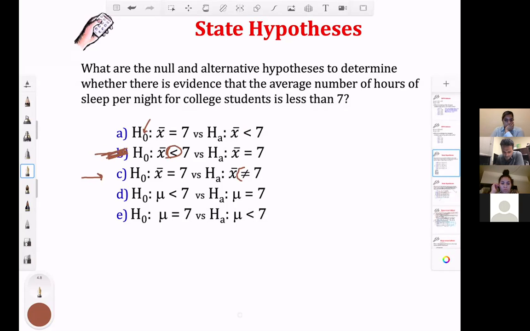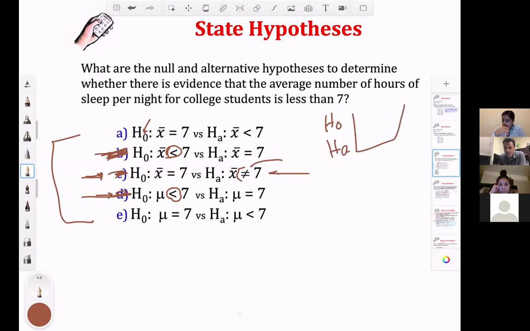Okay. C, as well as D. You brought a good case. You said, oh, the null hypothesis, they said less than, so this is going to go away by your definition. Also, D will go away because it's not an equal sign, correct? Right. So this is gone, that's gone. Between A and E, which one? Let's see. So X bar is sample. Excellent. That was great. I mean, we talk about H null and H A. We are always talking about the population.